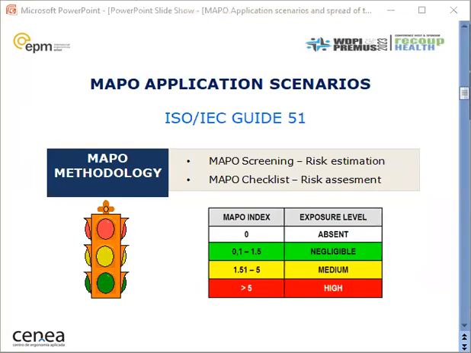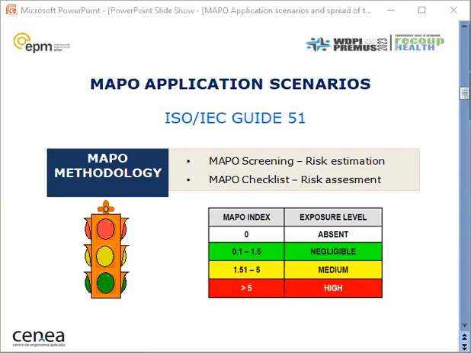In the case of MAPO, the method allows these two levels of analysis: estimation with MAPO screening and evaluation with MAPO checklist. This provides us with information on the risk index as well as the worker's exposure level. When the value of the MAPO index is 0, the exposure level is absent.